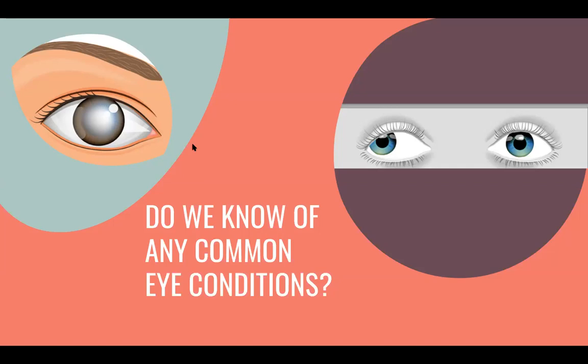Sorry if I say your name wrong, Juira. She said astigmatism, so that's an eye condition. It's not something we can change. We can try to fix it, but it's not impeding on their health severely.